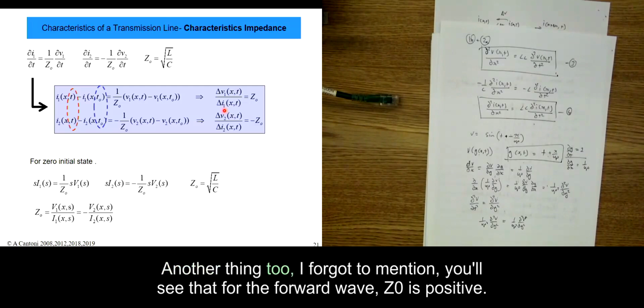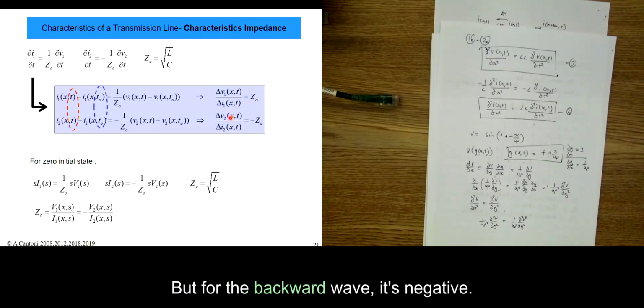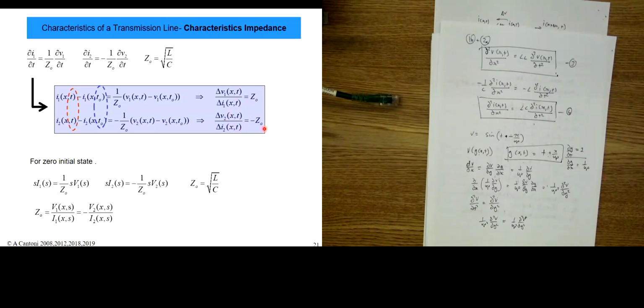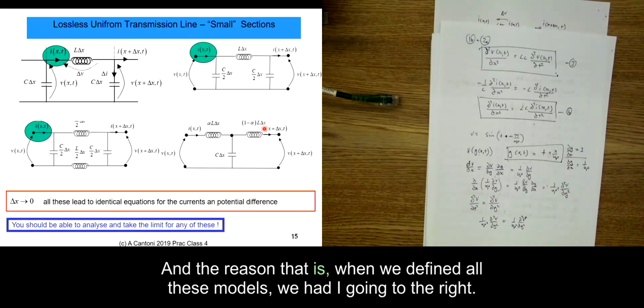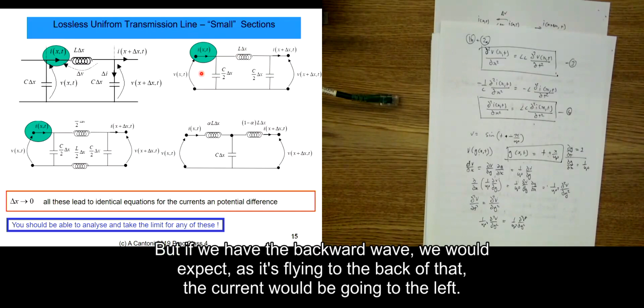Another thing I forgot to mention: you'll see that for the forward wave, Z0 is positive, okay? But for the backward wave, it's negative. And the reason is, when we defined all these models, we had I going to the right. But for the backward wave, as it's flowing backward, we would expect the current to be going to the left, right?